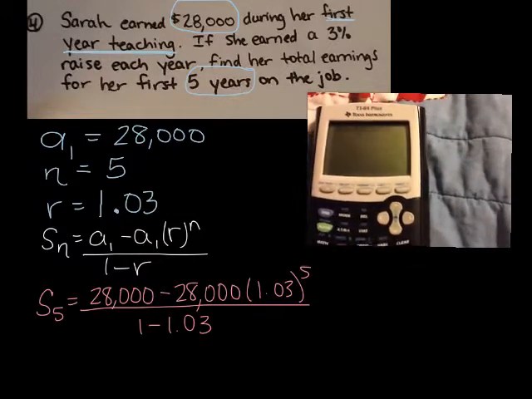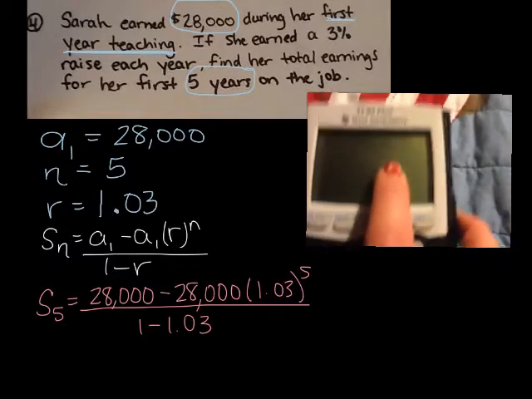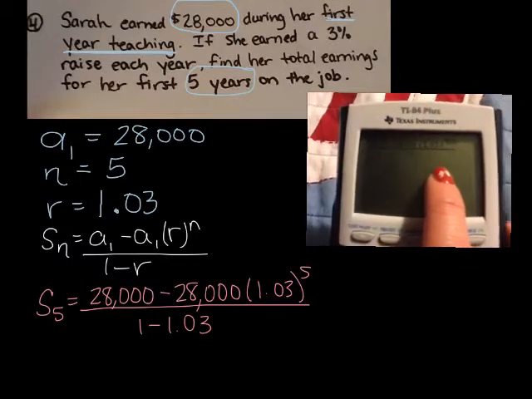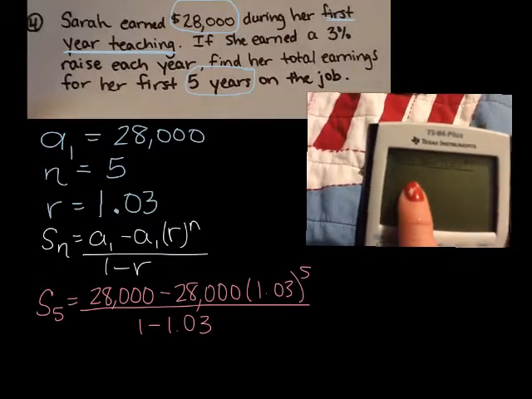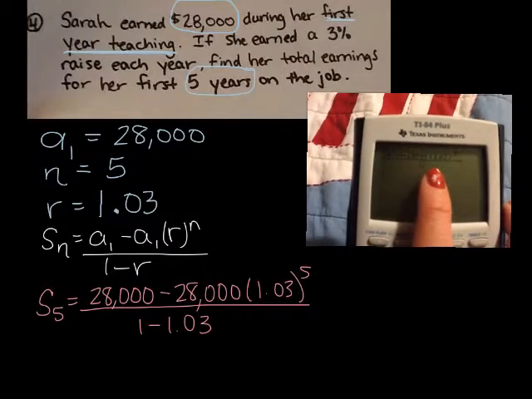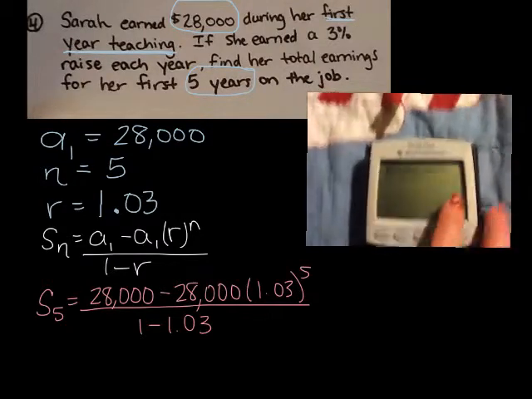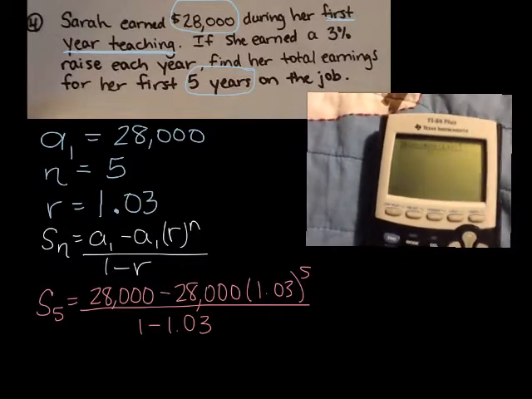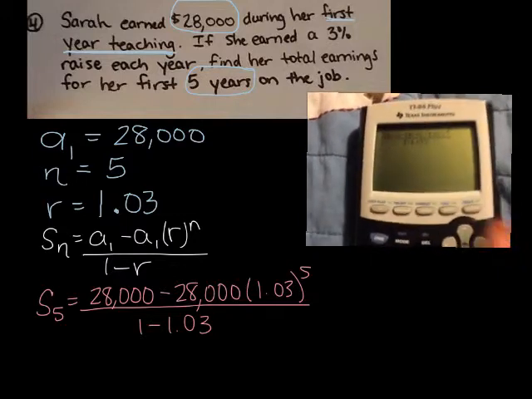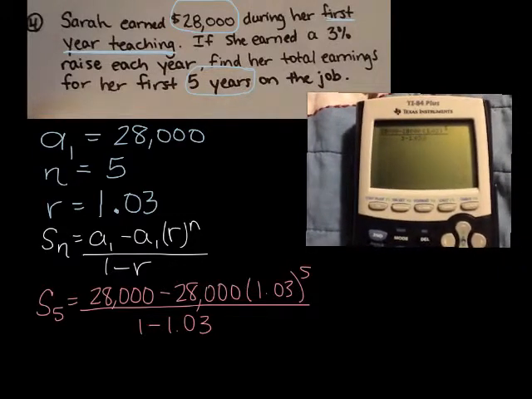If we follow the order of operations, we would have to raise 1.03 to the 5th power first, then multiply that by this negative 28,000, and then do 28,000 minus whatever that number gave us. Then we would last divide by 1 minus 1.03. So we could do all of this using the order of operations, but the calculator just makes it really easy for us.